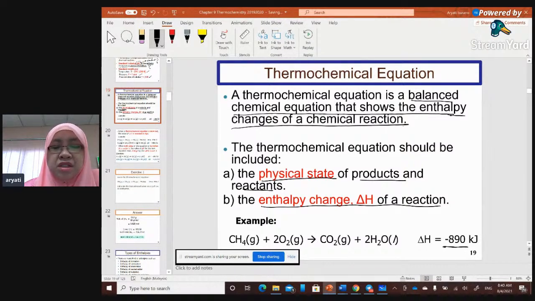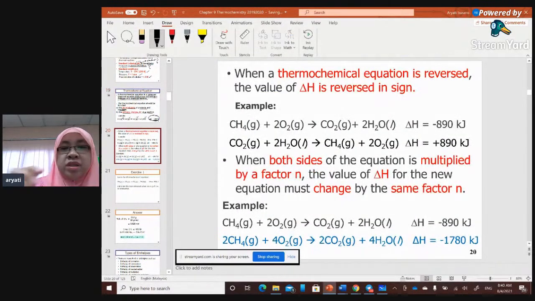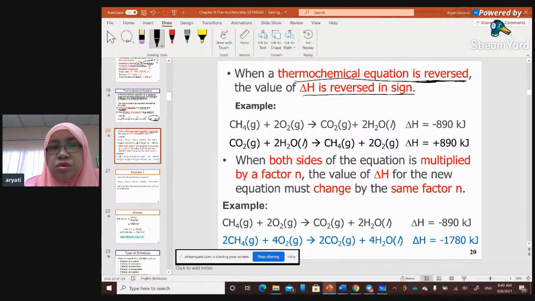So please refer to this equation. So equation ni phase included, energy change delta H ni pun included. So the reaction ni dia bukannya tanda naught, maksudnya dia tak lakukan at the standard condition. Okay, so when the thermochemical equation is reversed, kalau tindak balas kimia tu dibalikkan, so the value of delta H also reverses.